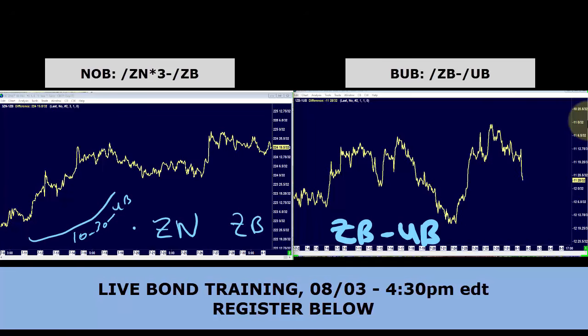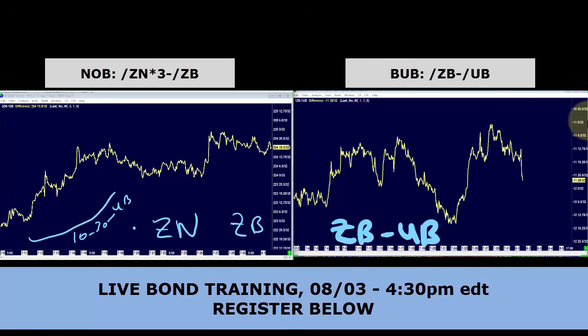The ZBUB has a difference of 18 years as well, because the ZN is called the 10-year futures contract, but it's really a 7-year. The ZB is a lot closer to an 18-year than a 30-year. The UB is going to be closer to the 30-year. So we could trade these things together, because there's a very, very strong correlation between the 10-year and 30-year, and between the 30-year and ultra.